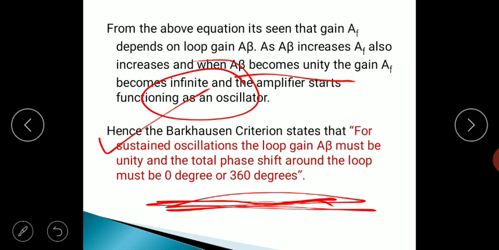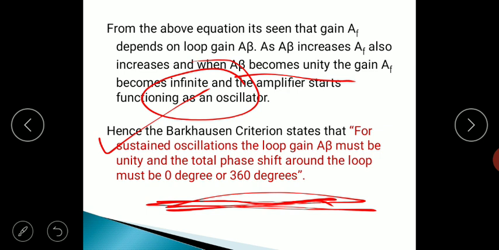So many a time they will ask the question, explain the Barkhausen criteria of oscillations. So what is the expected answer here? You should consider a positive feedback amplifier block diagram and derive the expression for its gain, that is A_F equal to A by 1 minus A beta.